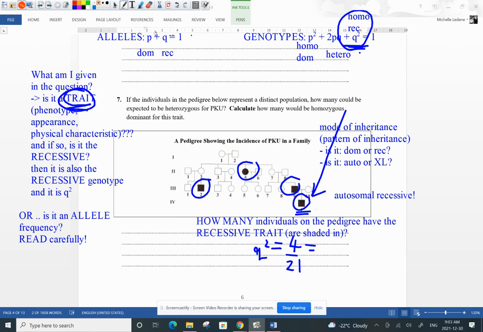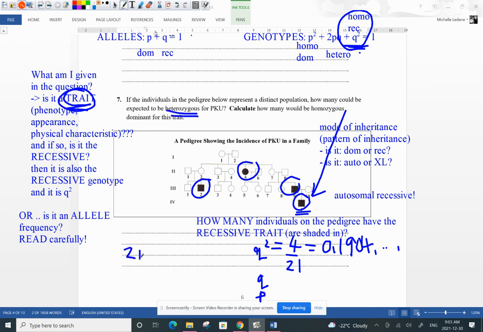So this q squared value we can now figure out on our calculators. Punch it in: 4 divided by 21, 0.1904, and so on. And then this just becomes a regular question like we've been doing. From there, we find q. From there, we find p. And then what's the question asking for? How many would be heterozygous?